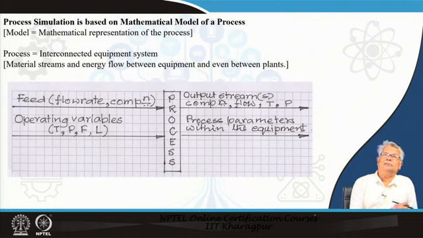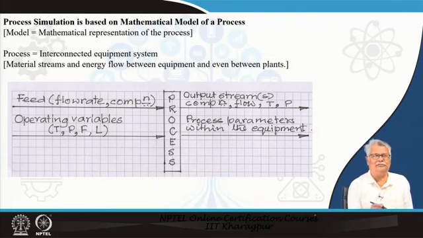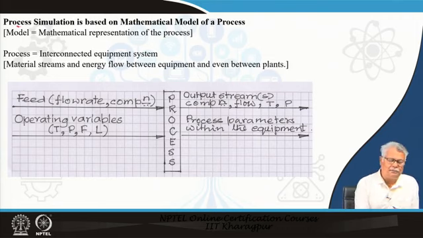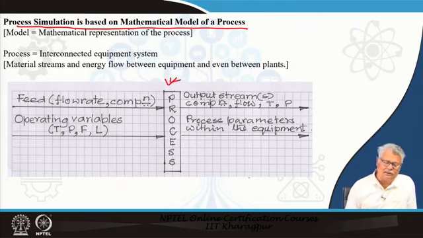Now we are coming back to the old question, that is process simulation. This is perhaps a new term in this particular class, and here I just have to say a few things before we start truly. Process simulation is based on a mathematical model of a process. In a process, what happens? You have the process itself, maybe the distillation column with all its associated equipment.